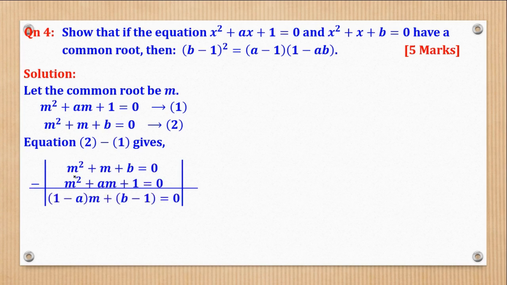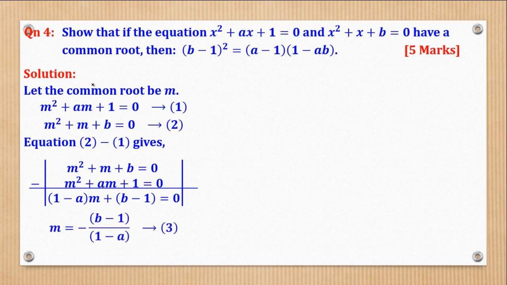So when you do that, this one cancels, then you come up with am minus m. m is common, that's why you have here 1 minus a in brackets multiplied by m. Then here we have b minus 1. So we have got something similar to what we have in the proof.